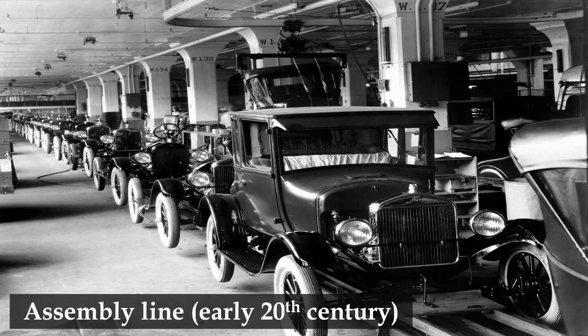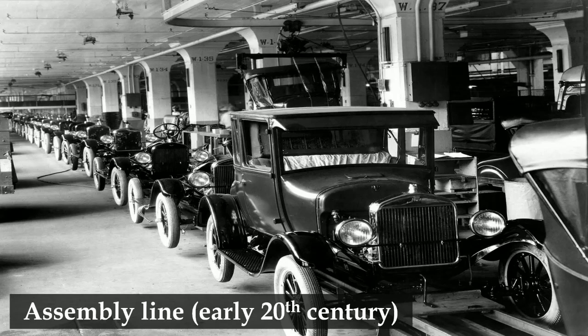This is an assembly line, which was first used by Henry Ford in his car factory, the Ford Motor Company. In this assembly line, every worker, located in one step of the assembly line, had only one job.